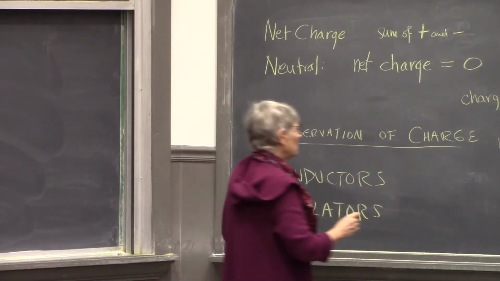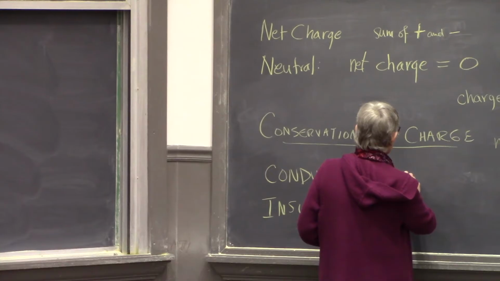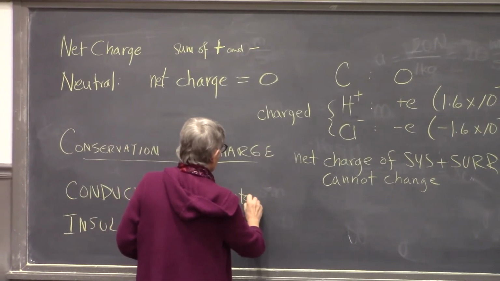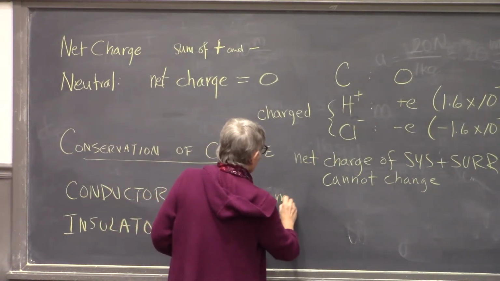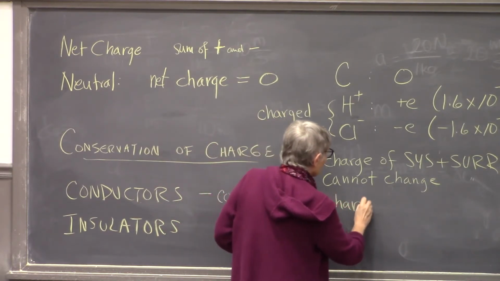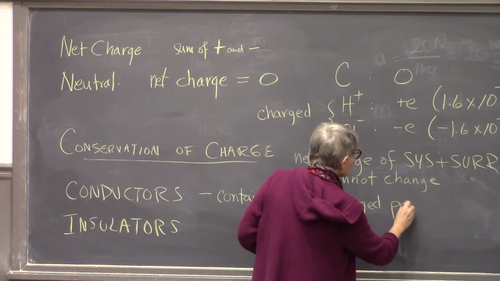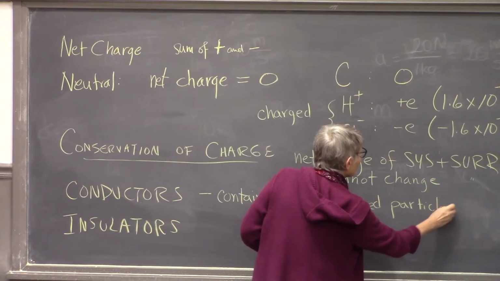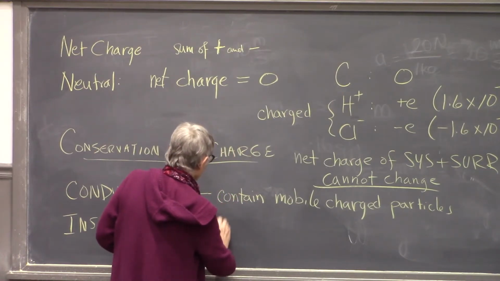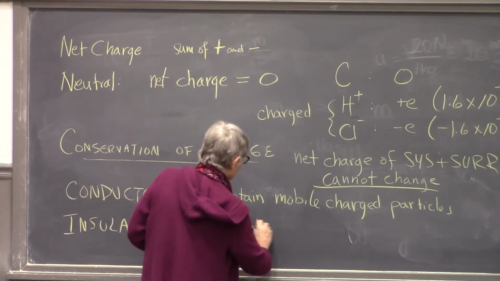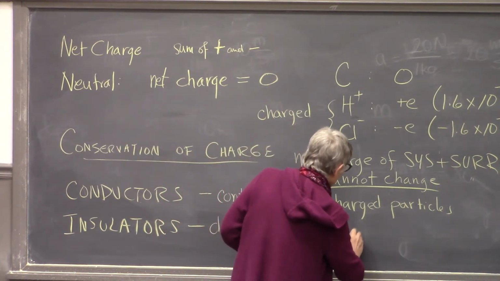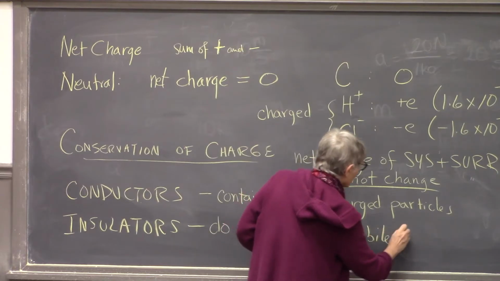And what this means functionally is conductors contain mobile charged particles, and insulators do not have any mobile charged particles.